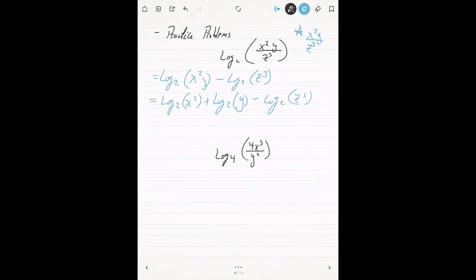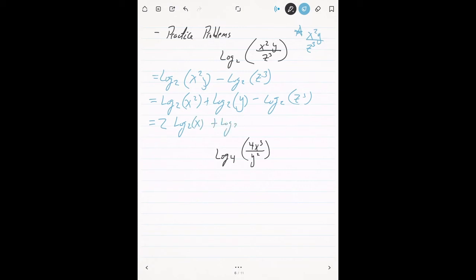But can I simplify them even more? Can I simplify these arguments further? Well, hopefully you're saying yes for a couple of these. For example, we have log base 2 of x squared. Well, we had that property that said you can pull an exponent in the argument out front. So I will have 2 log base 2 of x.